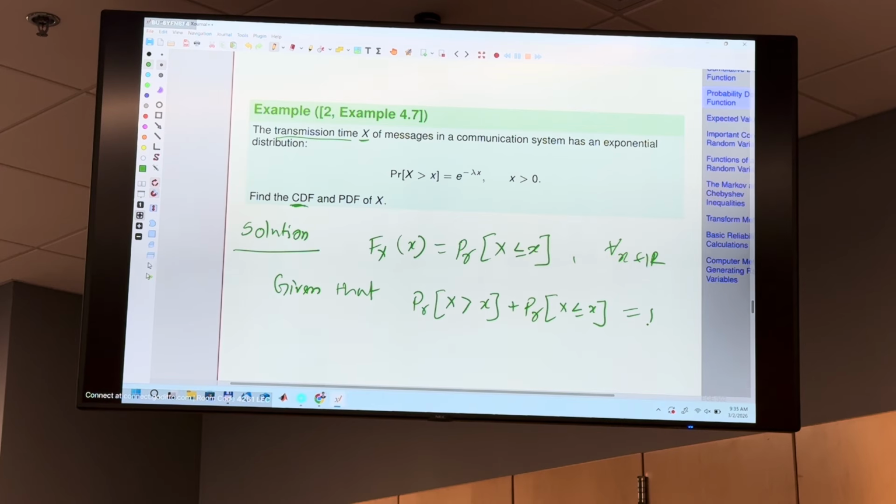This is what we know already, because I'm taking the entire real line.